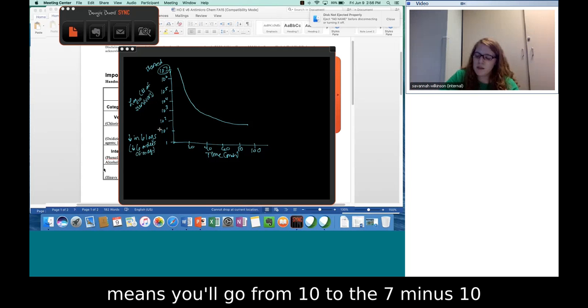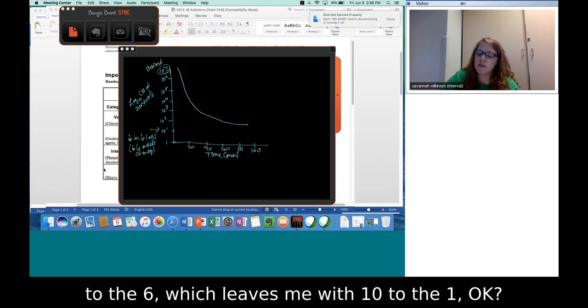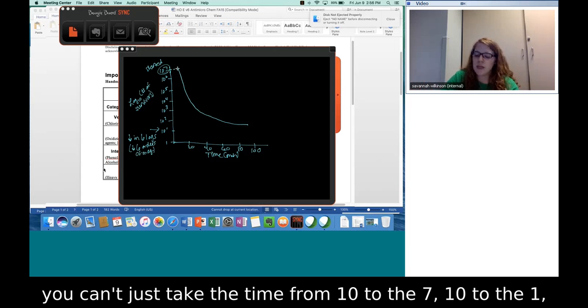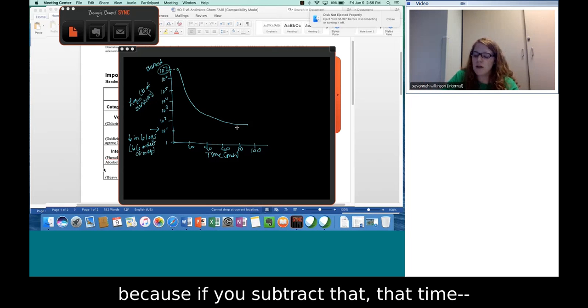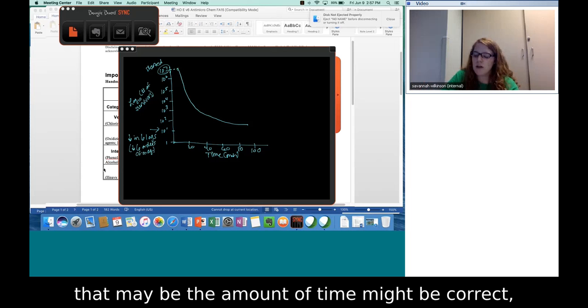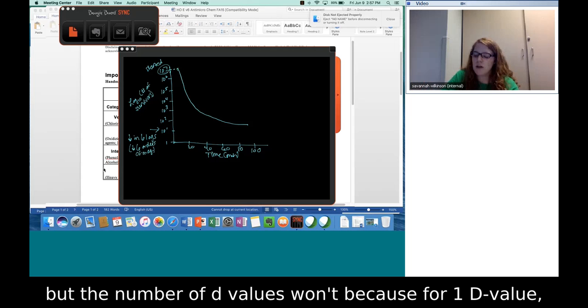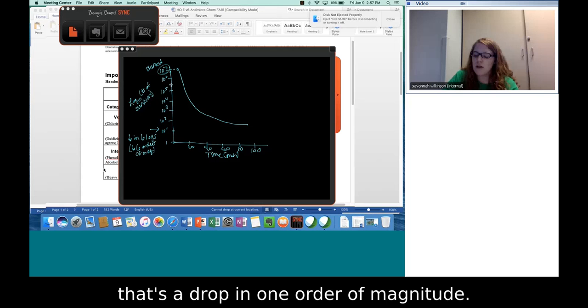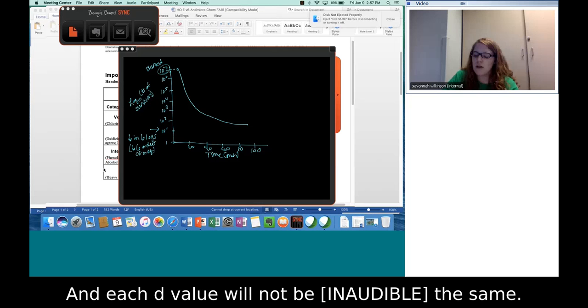which means you'll go from 10 to the 7 minus 6 logs, which will leave you with 10 to the 1, okay? But you can't just take the time from 10 to the 7 to 10 to the 1, because if you subtract that time, the amount of time might be correct, but the number of D values won't, because 1 D value is a drop in 1 order of magnitude, and each D value will not be worth the same.